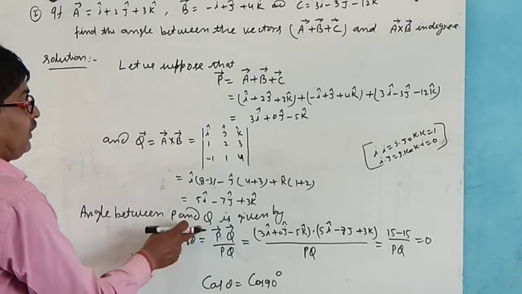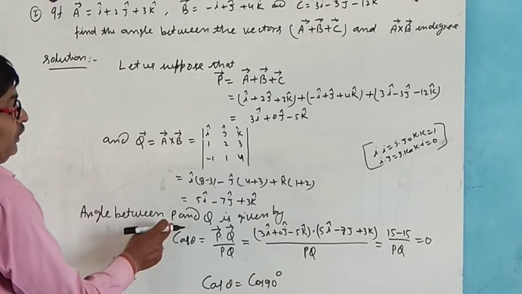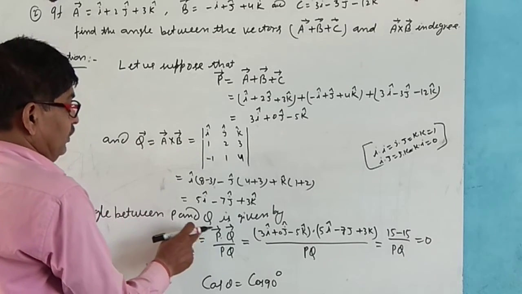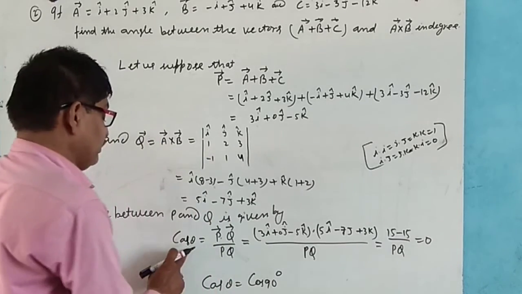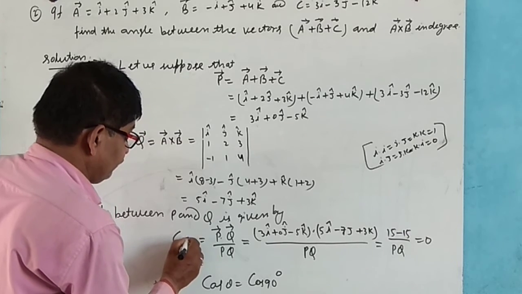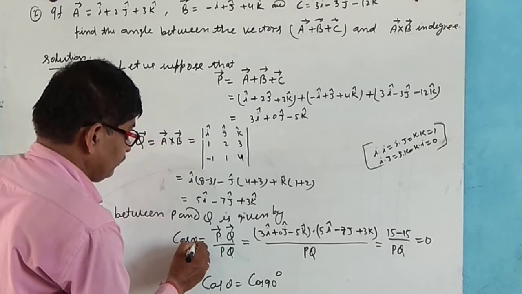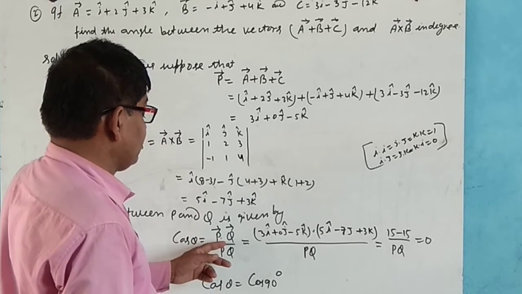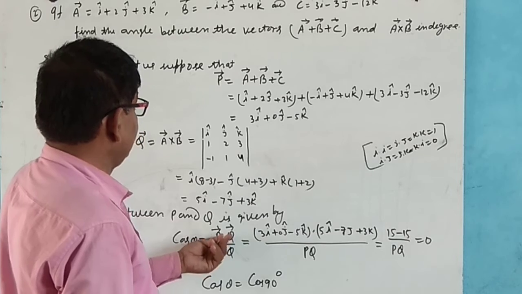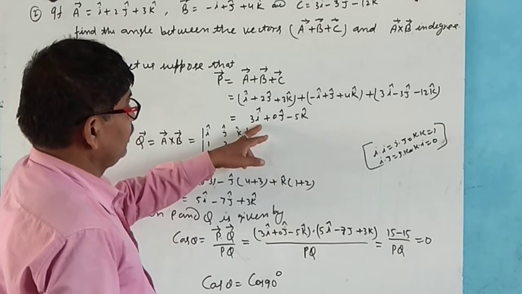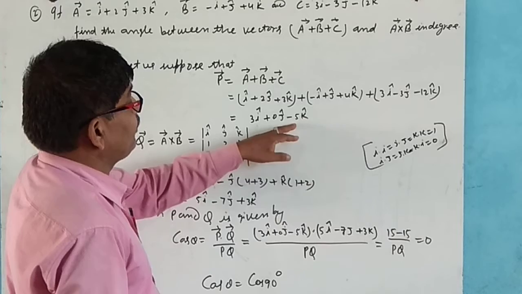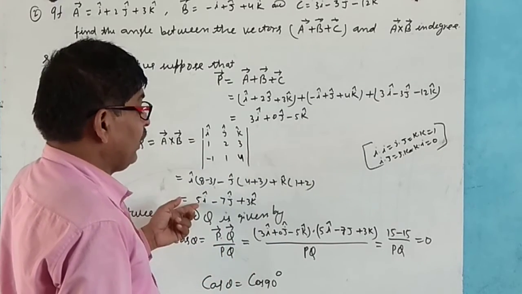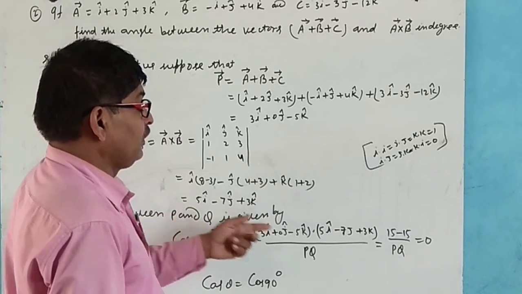The angle between P and Q, where P is A plus B plus C and Q is A cross B, is given by cos theta equal to P dot Q divided by PQ. Here P is 3i, 0j and minus 5k, and Q is 5i minus 7j plus 3k.